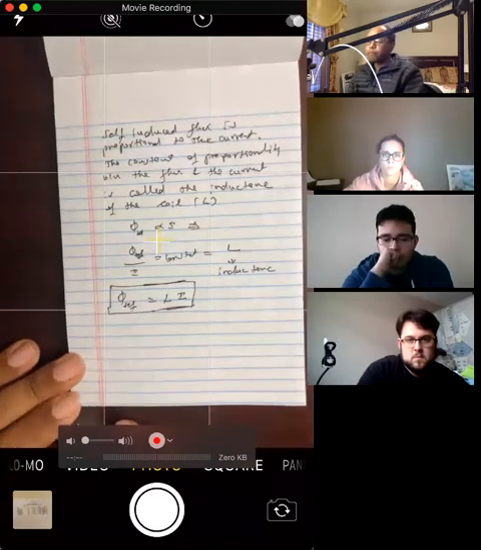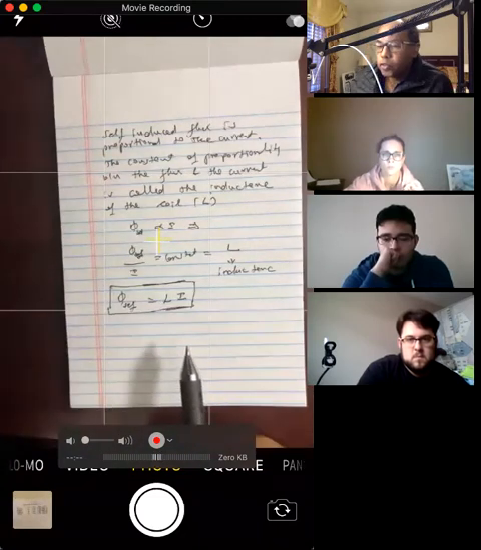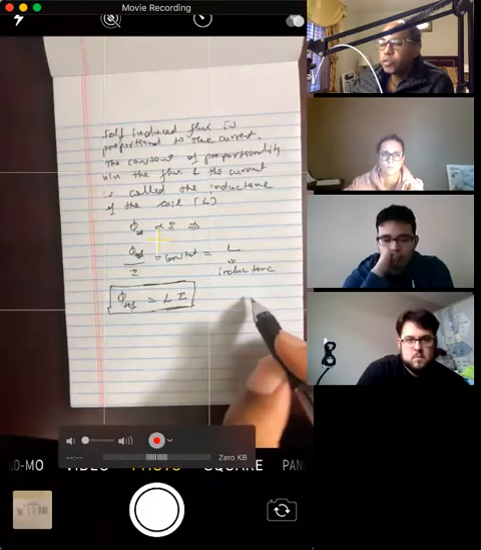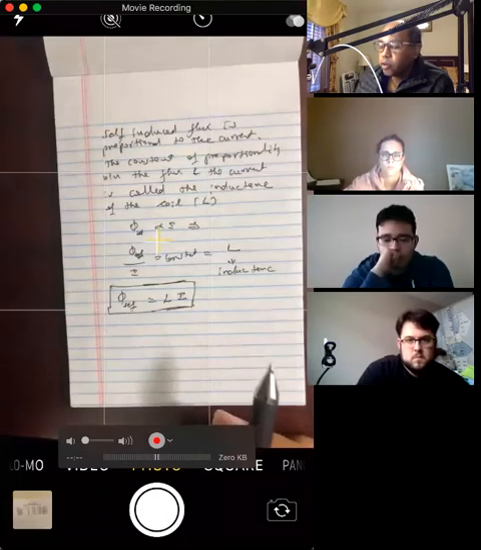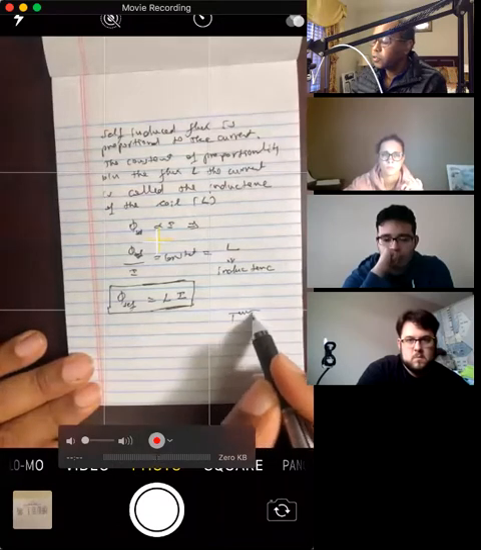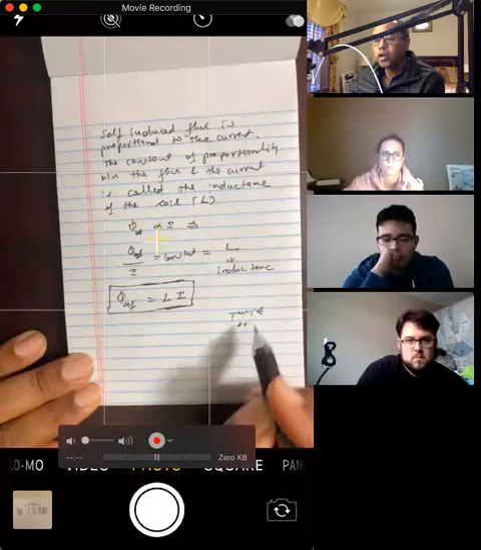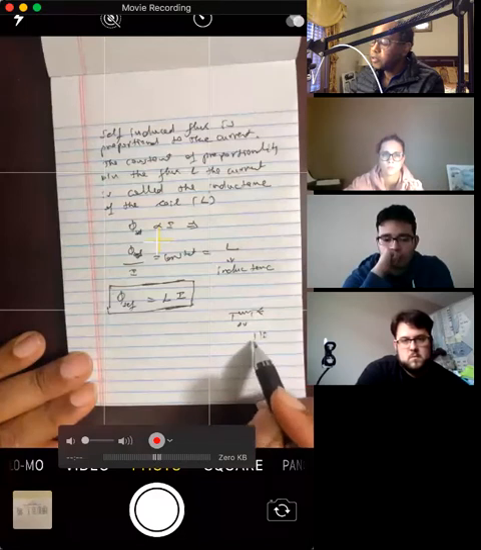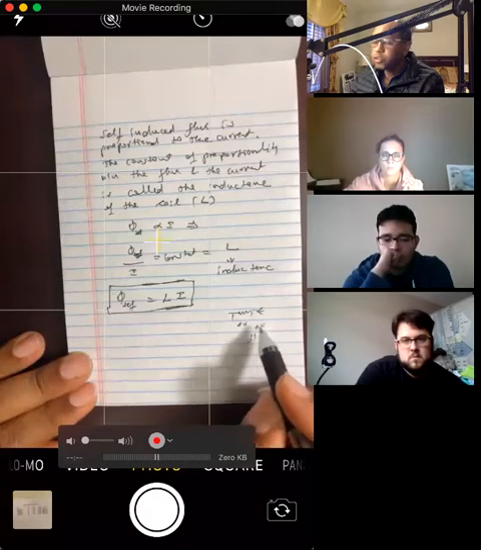So far we've seen two devices. You remember, we've seen the resistor. A resistor is characterized by the fact that the potential difference across the resistor is proportional to the current. We've seen a capacitor. A capacitor is characterized by the fact that the charge accumulated is directly proportional to the potential difference across the plates.